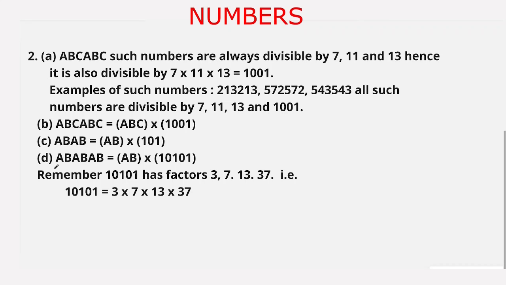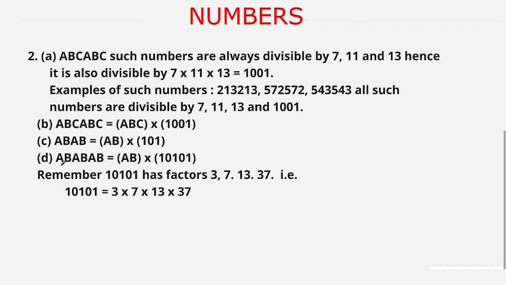Part D, ABABAB equal to AB multiplied by 10101. Remember, 10101 has factors 3, 7, 13, 37. That is, 10101 equal to 3 multiplied by 7 multiplied by 13 multiplied by 37.